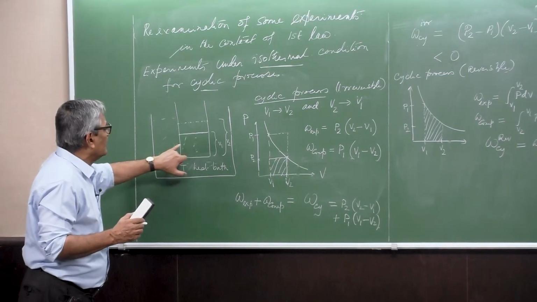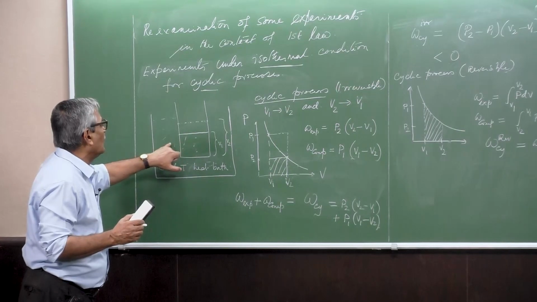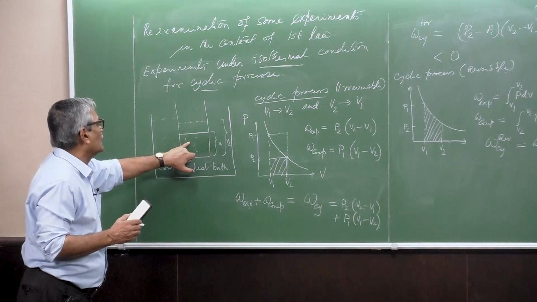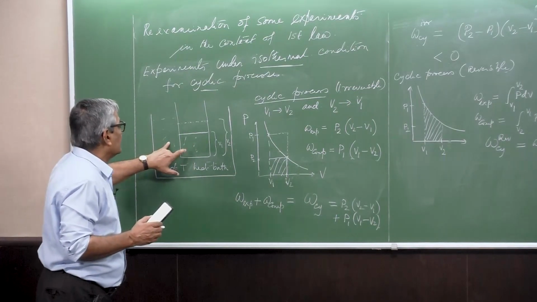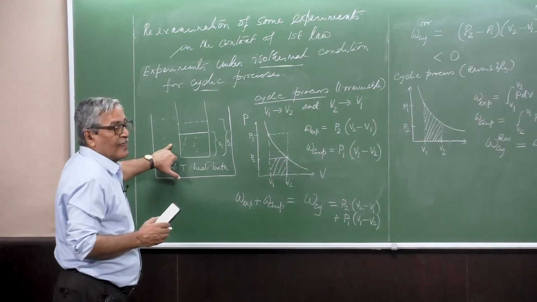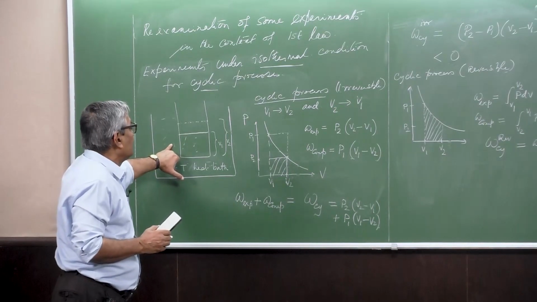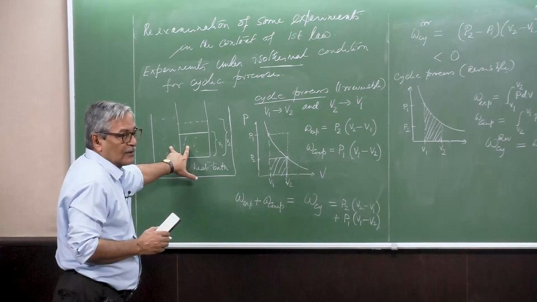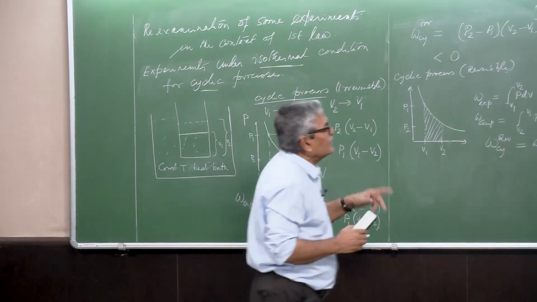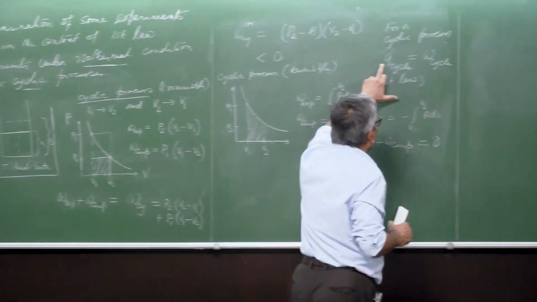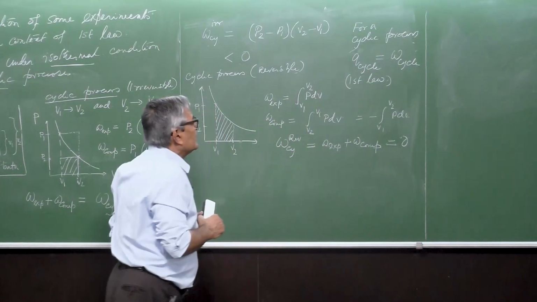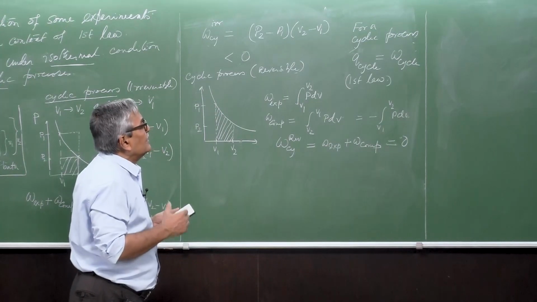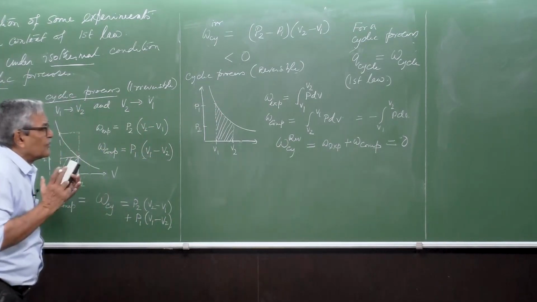The single heat bath is either transferring heat to the system or drawing heat from the system, under isothermal condition. So Q cycle is something that is drawn from a single heat bath.